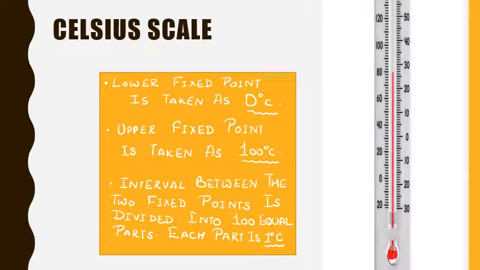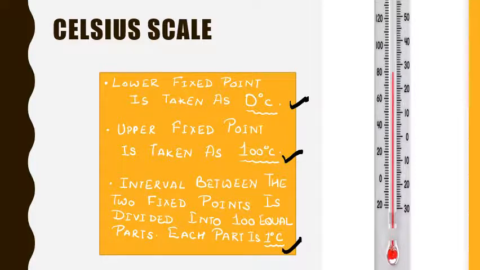Celsius scale. In Celsius scale, the lower fixed point is 0 degrees Celsius. The upper fixed point is taken as 100 degrees Celsius. The interval between the two fixed points, that is 0 to 100, is divided into 100 equal parts, and each part is 1 degree Celsius.